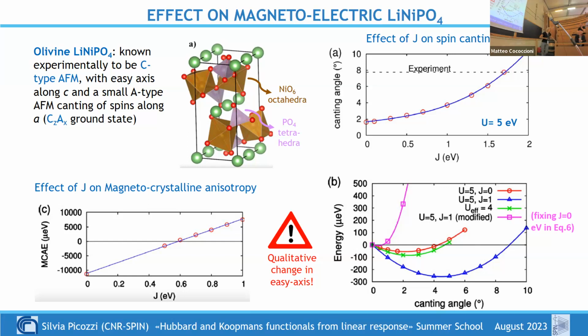By the way, these energies are computed as energy differences between different spin structures, do I understand correctly? Spin direction here. So here it's always C type, but they do it like this. Looks to me a recipe for disaster to compute such small differences. Sure. Yeah, this is also one of the take-home messages: here we're tackling small energy differences, whether it's micro eV or hundreds of micro eV.